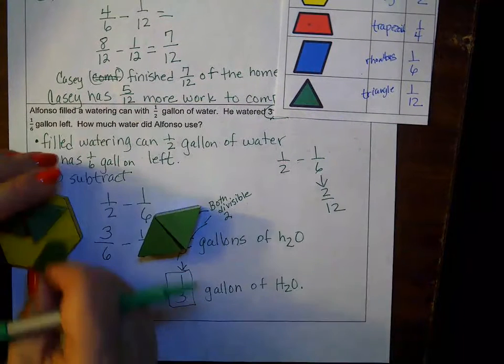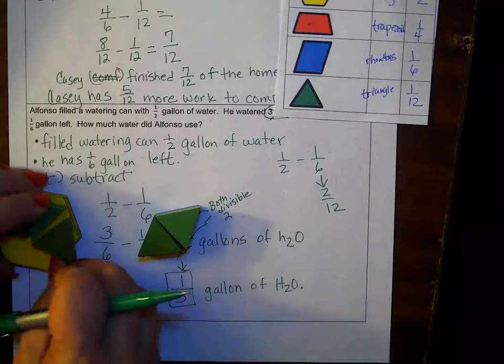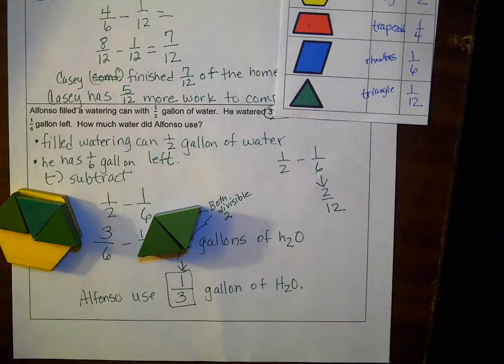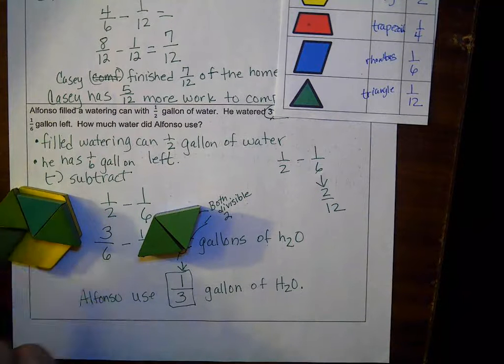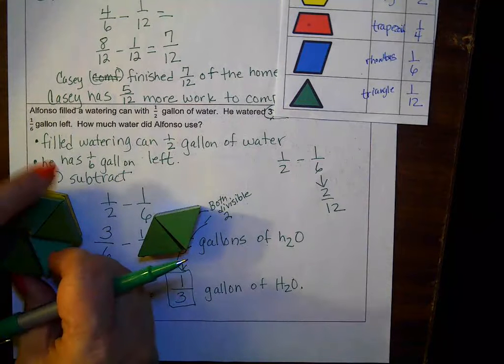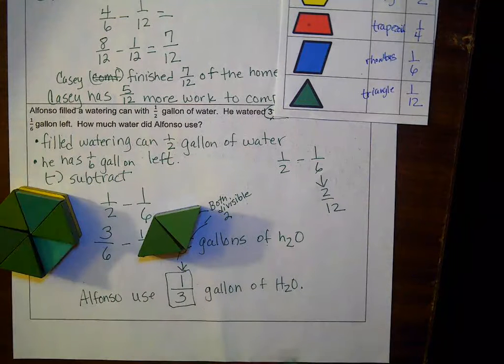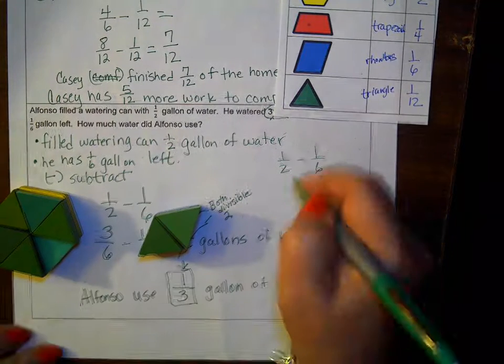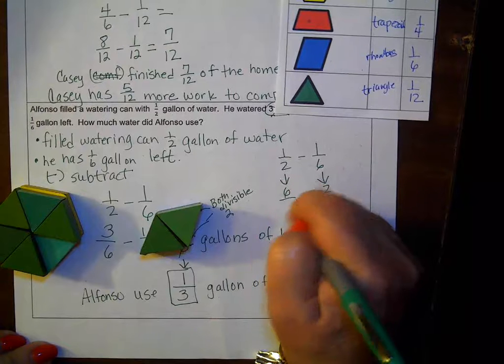You get 1/12, 2/12, 3/12, 4/12, 5/12, and 6/12. So this 1/2 is equal to 6/12.